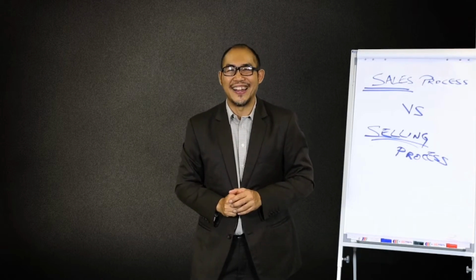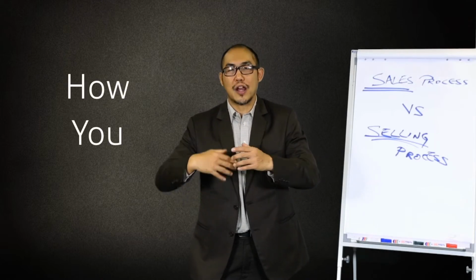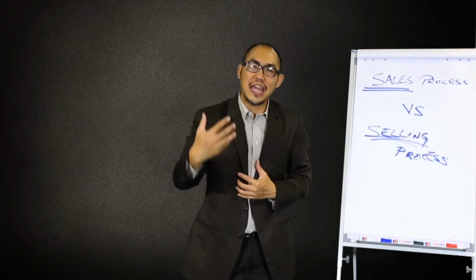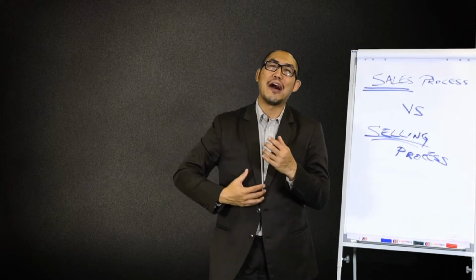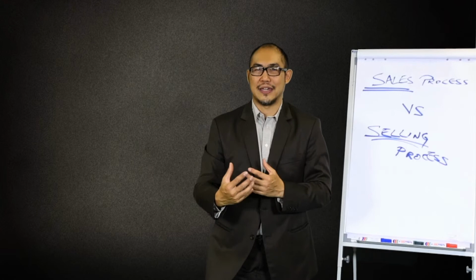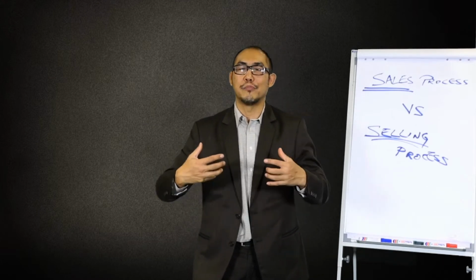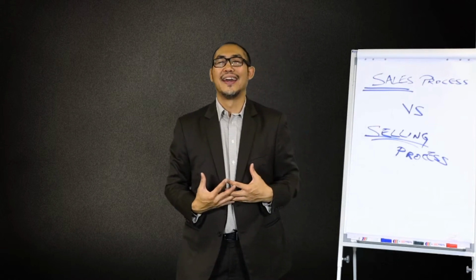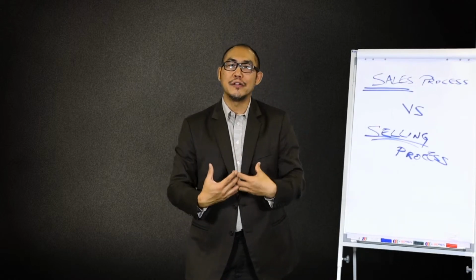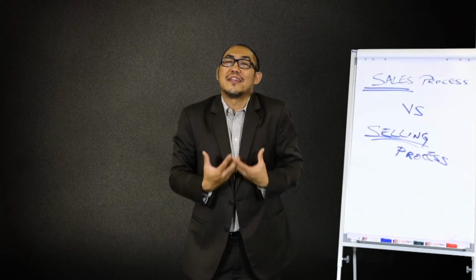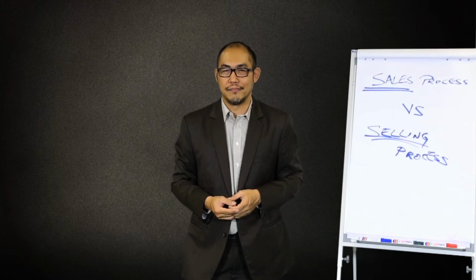The selling process is the art. It's the art of how you work with your customers, how you engage with your customers, how you connect with your customers so that you build the necessary trust, so they understand you as a person and can take that next step forward with you.